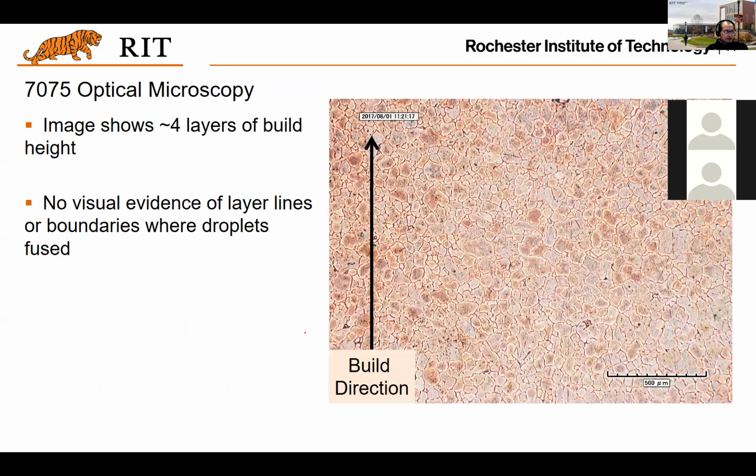So yeah, I think you can just look at this macroscope picture. And here shows the build direction. And you can see there's no visually significant interface or boundaries if you look at the layers.